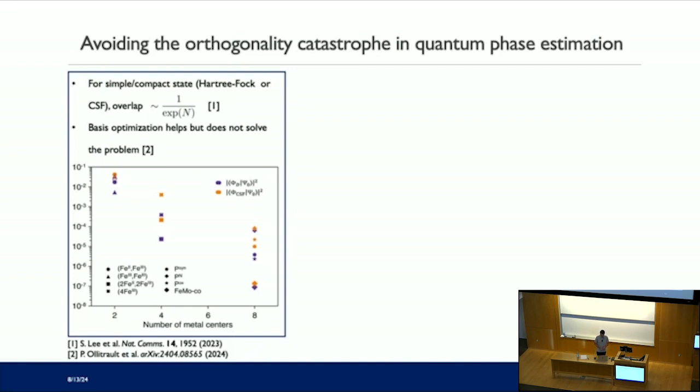And there's some recent work by Pauline Olitrode and co-authors doing basis set optimization, so basically optimizing the orbitals given a configuration state function. And this gives you a slight improvement, but it's not fundamentally solving the problem of exponentially diminishing overlap.